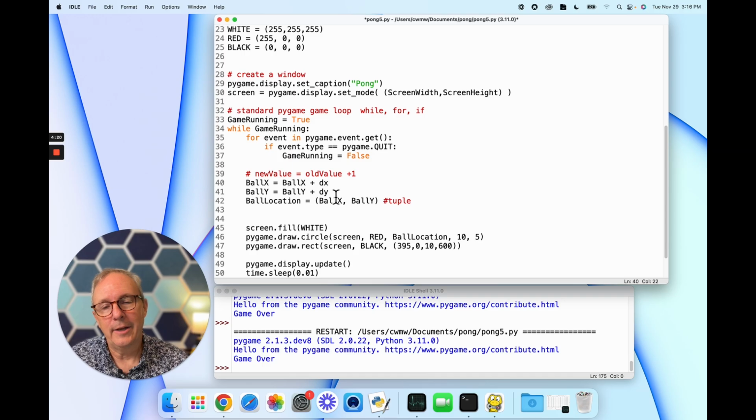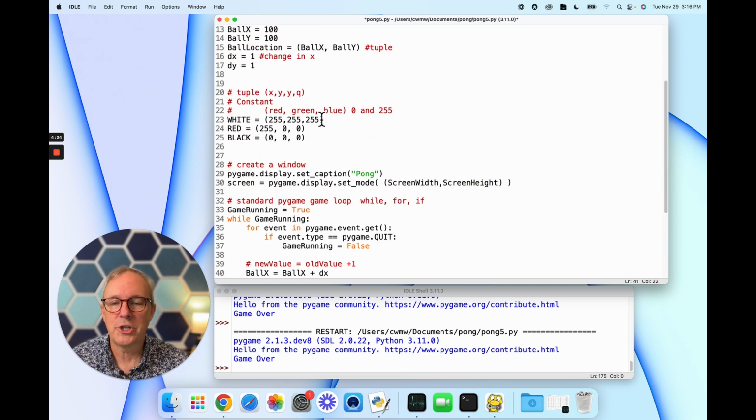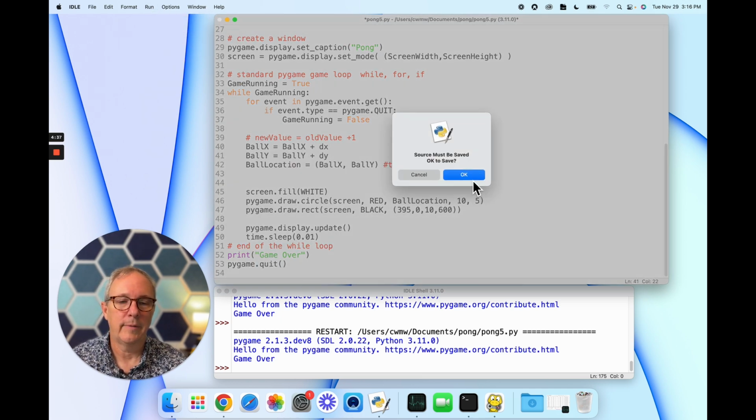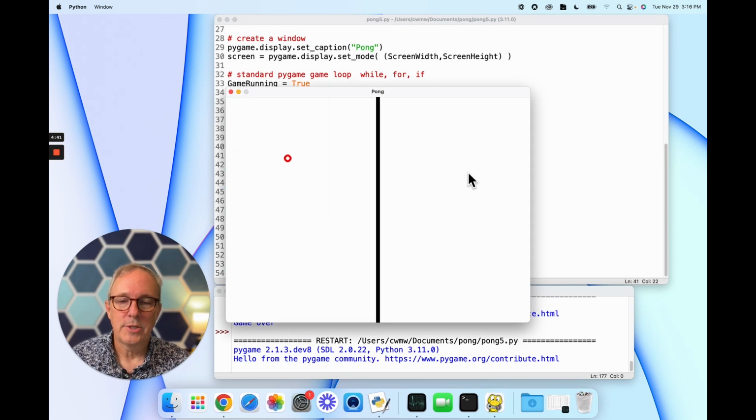Now notice that dx and dy are just 1. I never changed them anywhere in here. So when I run, it should just make the ball go in that diagonal like we've been doing. Yeah, we're still on pong5. Okay, so there goes the ball, right?